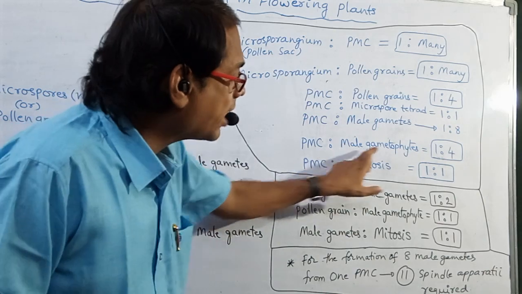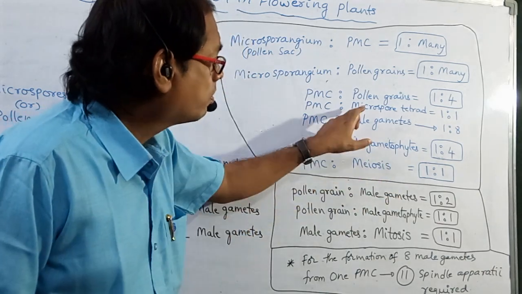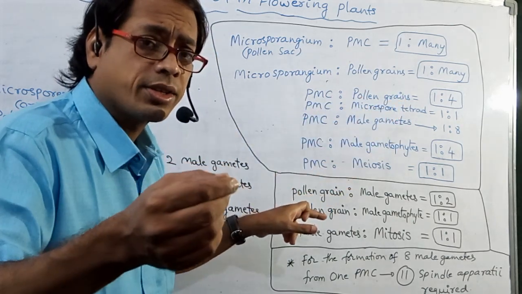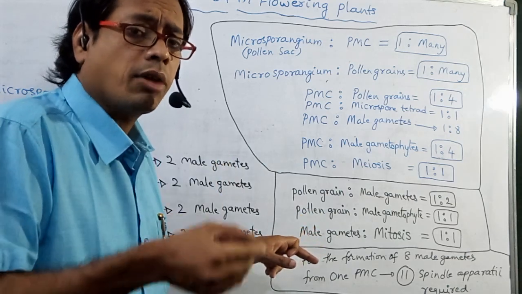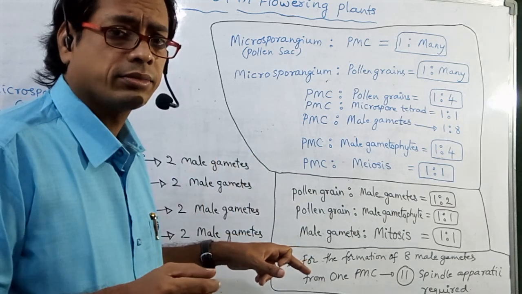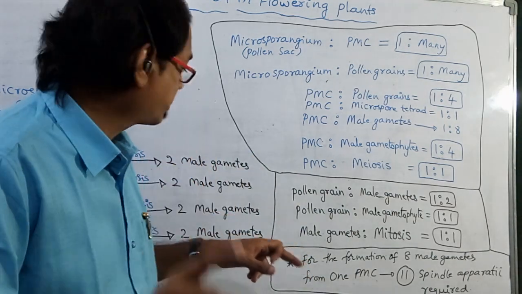PMC is to male gametophytes. That means PMC is to pollen grains, how many? 1:4. A pollen grain represents a male gametophyte. One pollen grain produces 2 male gametes.